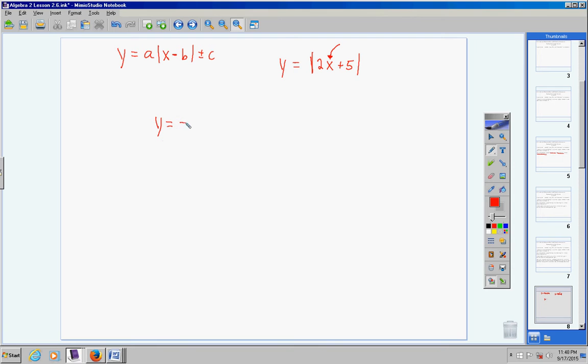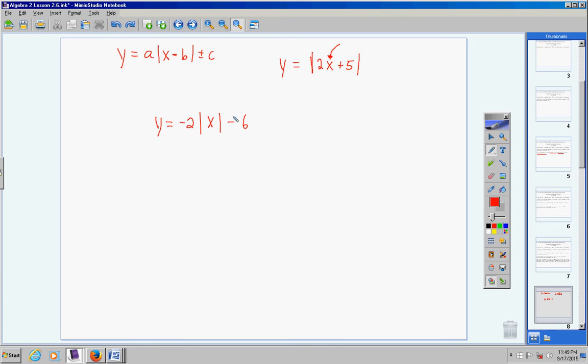We can put a -2 here, an X all by itself, and then -6. That would be an absolute value equation. There's a number on the outside, that's fine. Well, Mr. Earhart, there's no minus B. Yeah, you can put -0 if you want to, okay? And then, of course, your C would be a 6 here, -6.